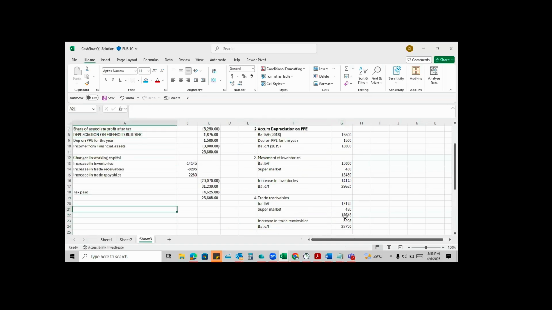So at this level, I can say that I have my net cash flows from operating activities. All right.